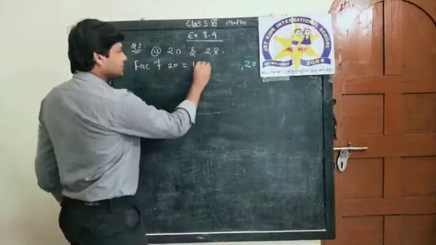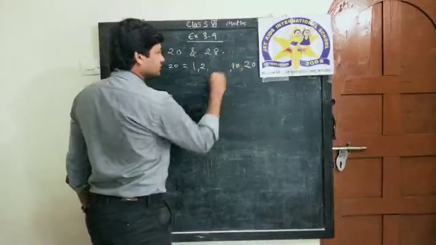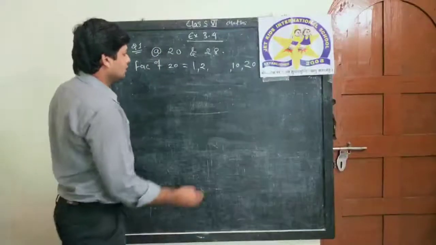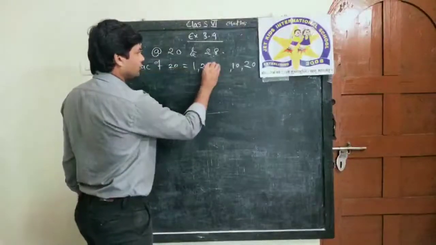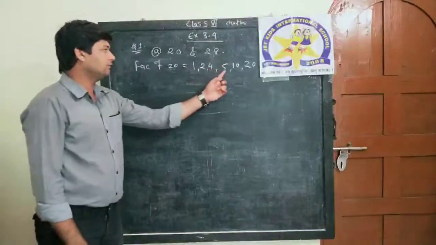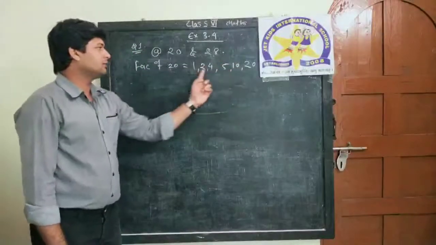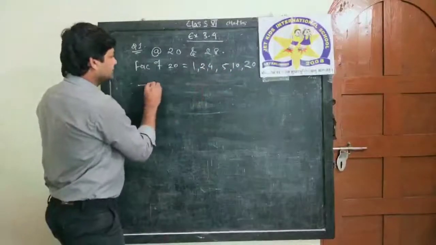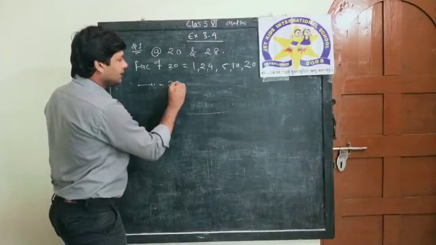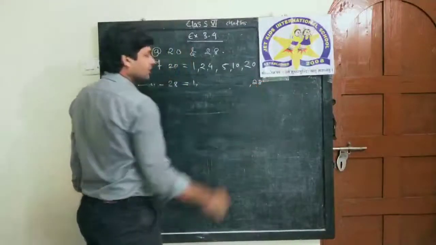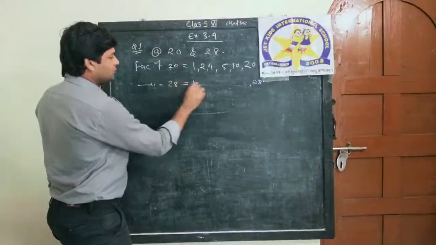Then it is divisible by 2, and by 4 and 5. 4 multiplied by 5, 2 multiplied by 10, 1 multiplied by 20. These are the factors.